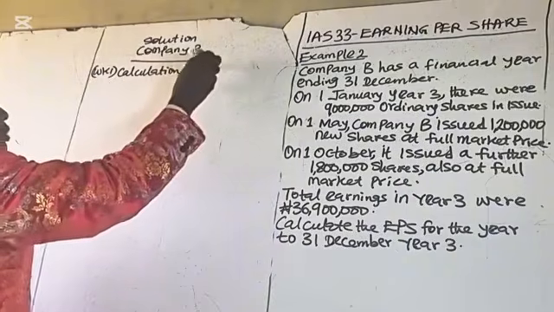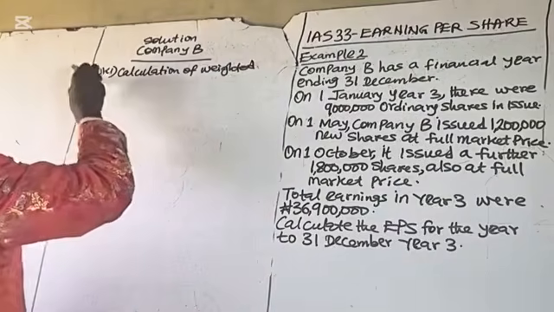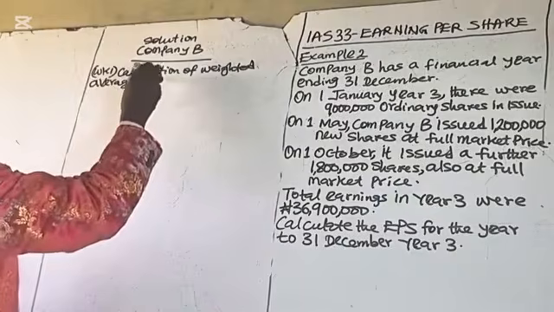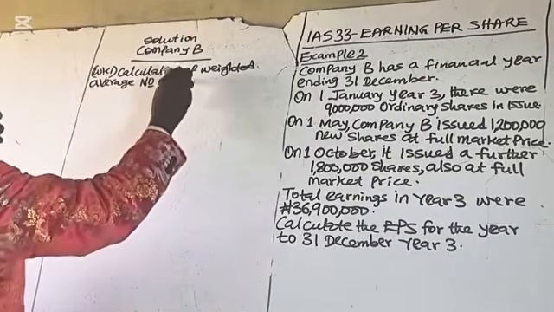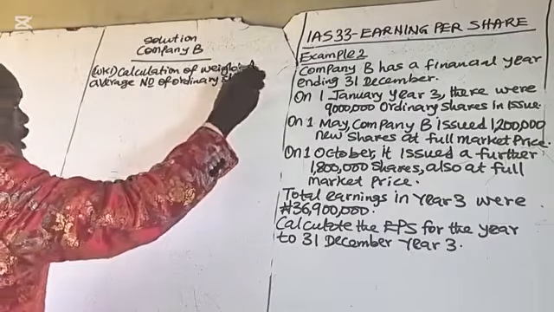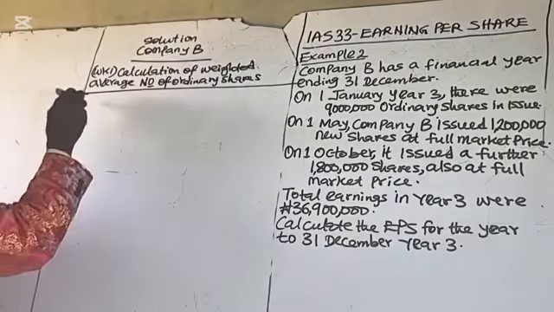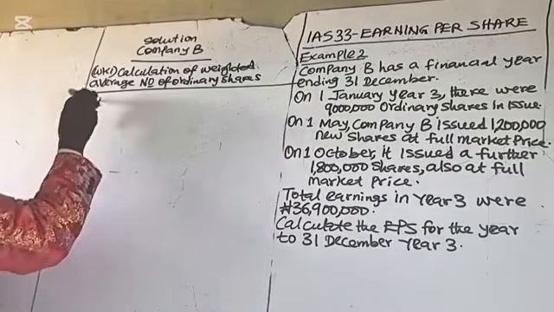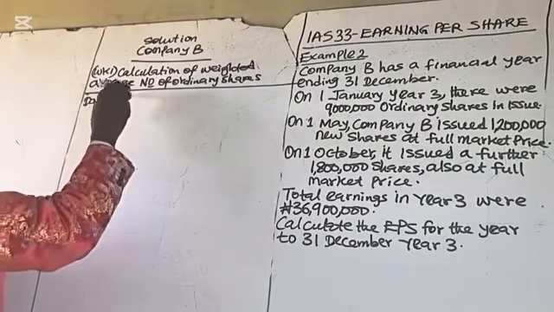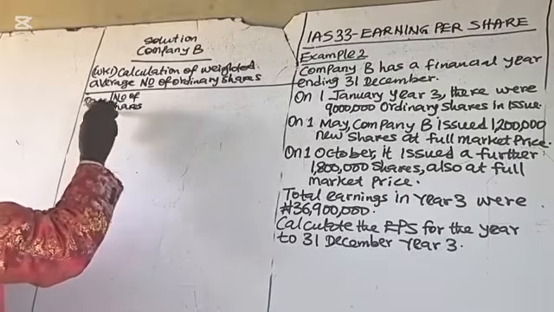of weighted average number of ordinary shares in issue. So we used to have date, number of shares issued.